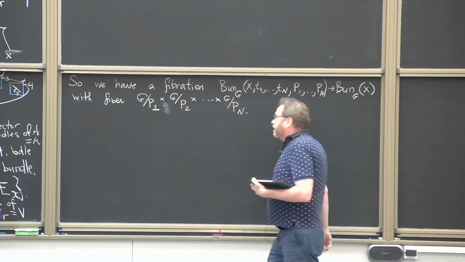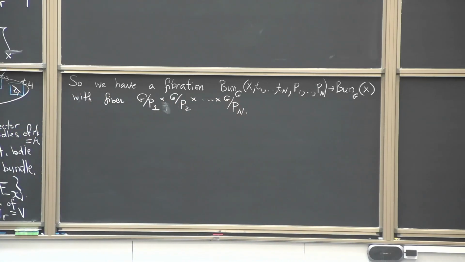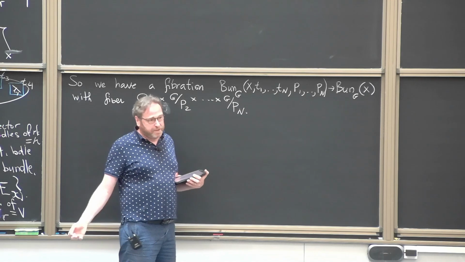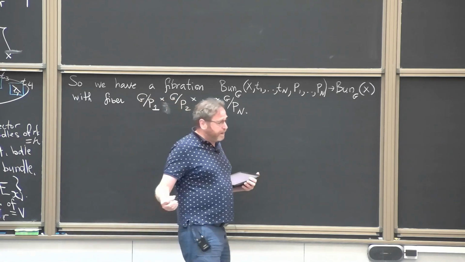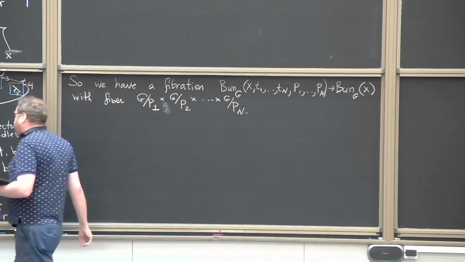However, if we put more data, these points and these lines, then automorphisms will have to preserve this data. The automorphism group will become smaller because we're putting more conditions on automorphisms. In particular, there will be a lot of bundles that have trivial automorphism group.